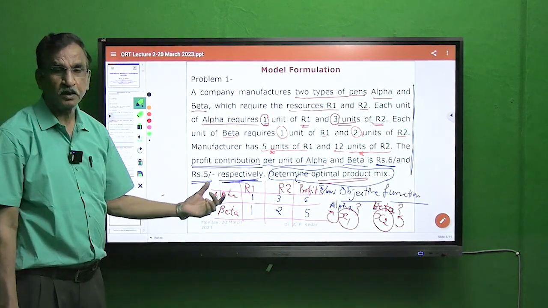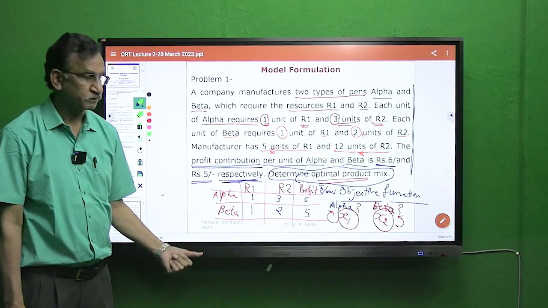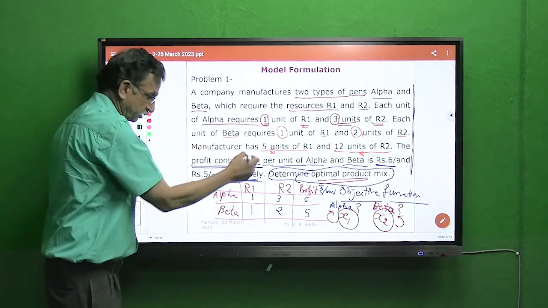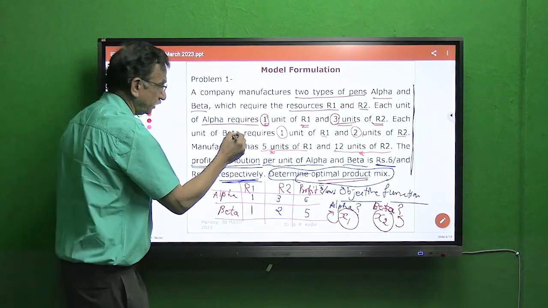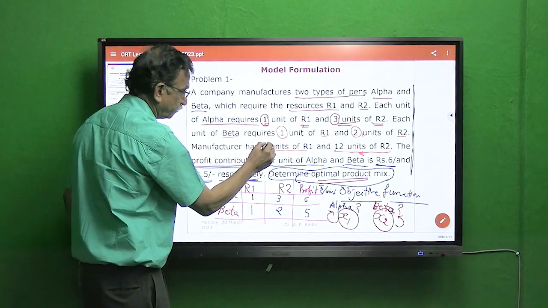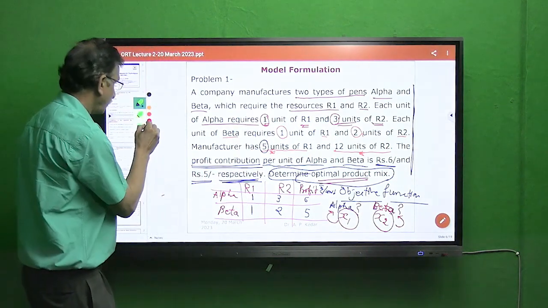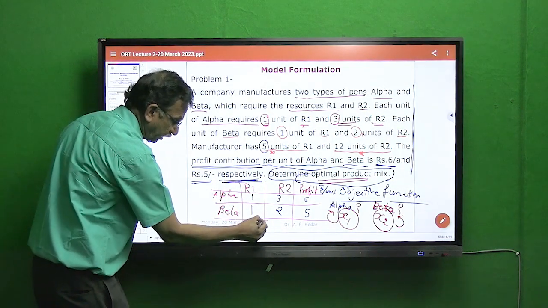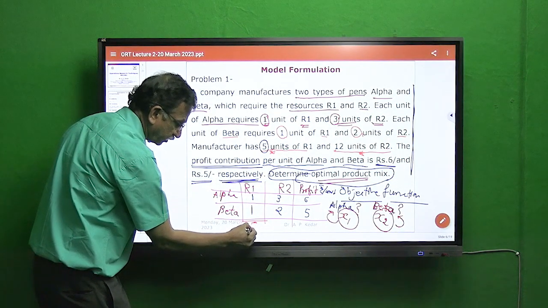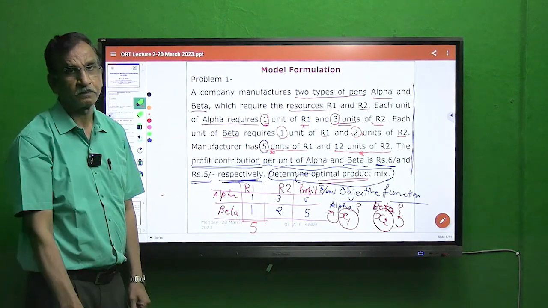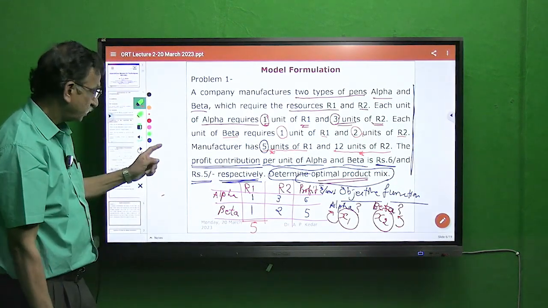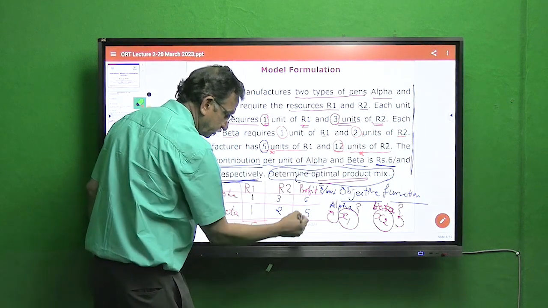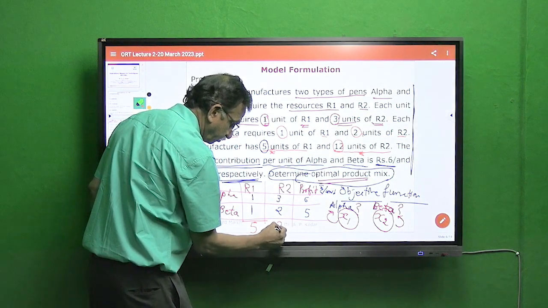It is the amount of resources R1 and R2. Now you can see the maximum availability of R1 given here is 5 units. So I must write below R1 total availability is 5 units, and for R2 the maximum is 12.